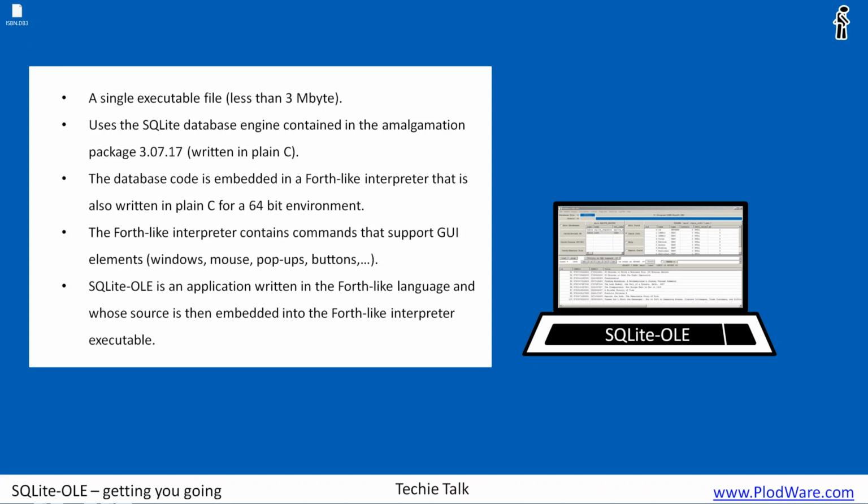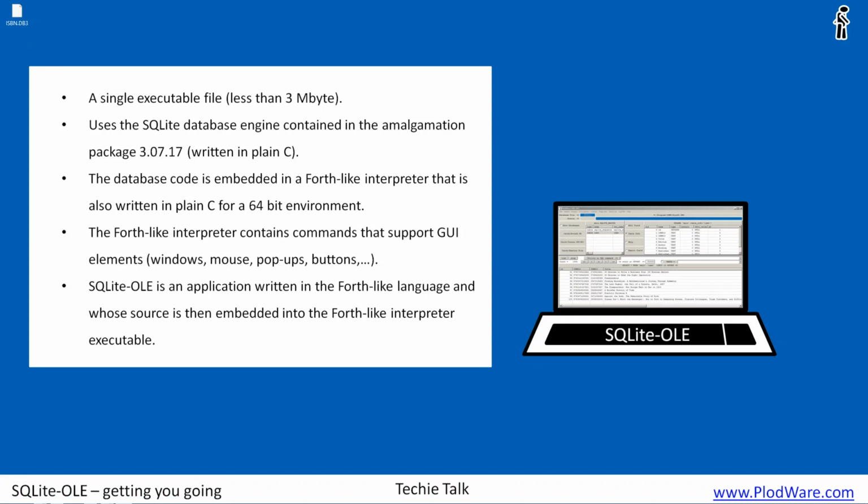The SQLite-OLE application is written in this Forth-like language, and when I'm happy with the current version, I take the SQLite-OLE source file, which is simple text. I compact it, throw out all the white spaces and comments.